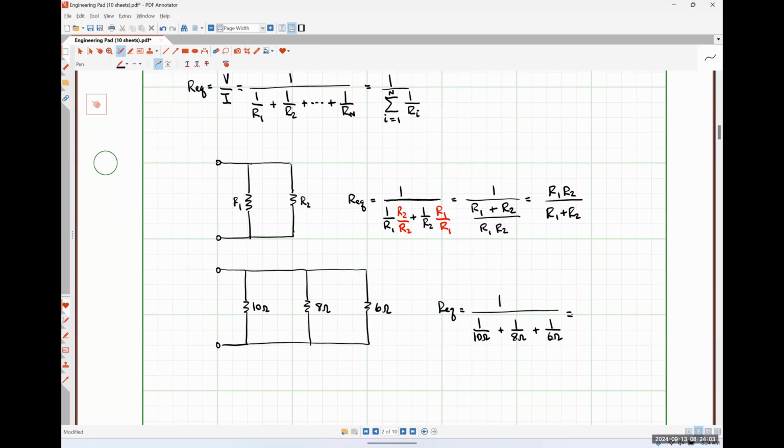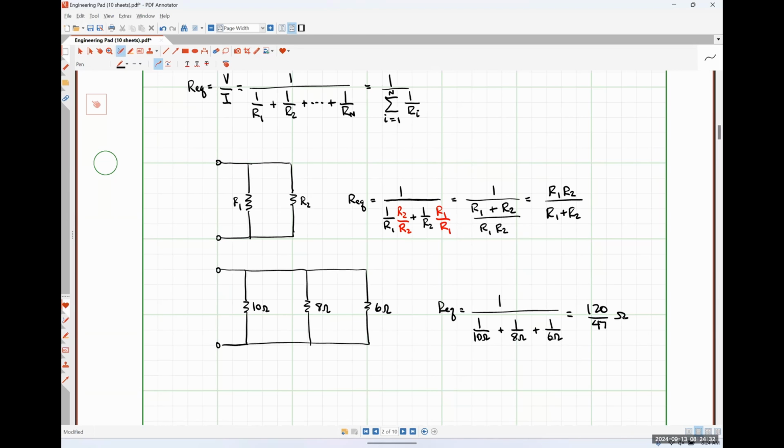So I'm going to use my calculator real quick. So 1/10 plus 1/8 plus 1/6. So I got 120 over 47 ohms. Or for those of you that prefer decimals, 2.553-ish ohms.